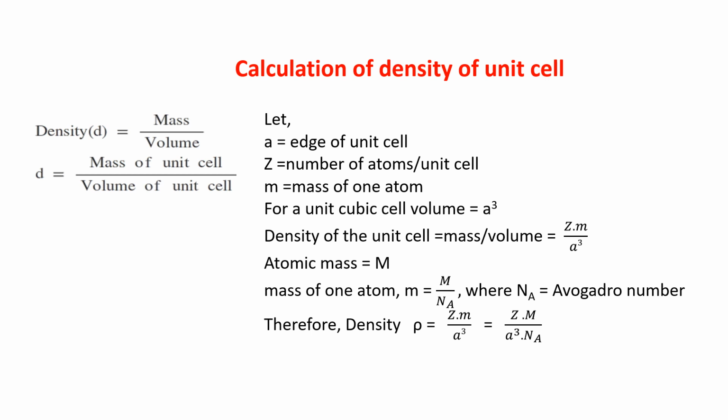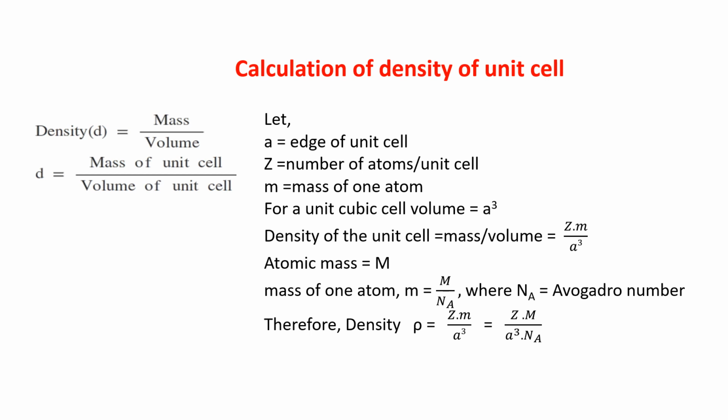Now A is the edge length that you know, and Z is the number of atoms per unit cell. Now m is the mass of one atom. For a unit cubic cell, the volume is A cube, because the edges are A. Density of the unit cell is equal to mass by volume.